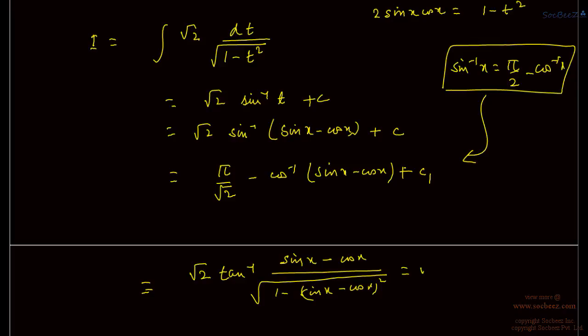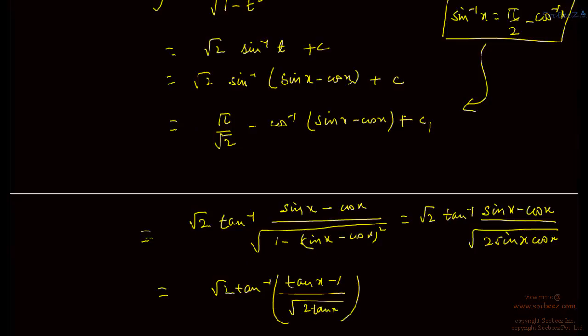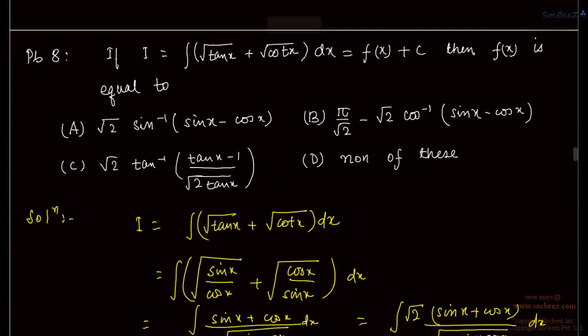So this is basically root 2 tan inverse of (sin x minus cos x) upon 2 sin x cos x, which can be equally written in the form root 2 tan inverse of (tan x minus 1) upon 2 tan x, root under 2 tan x. So all these three expressions are the expressions for our integral.